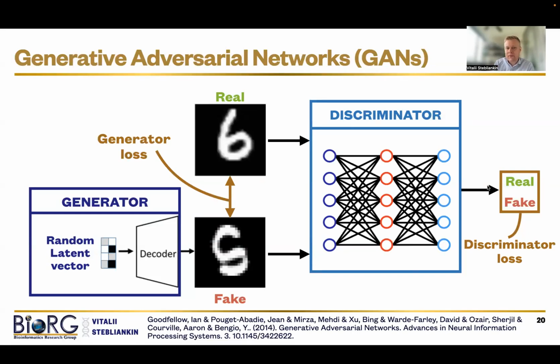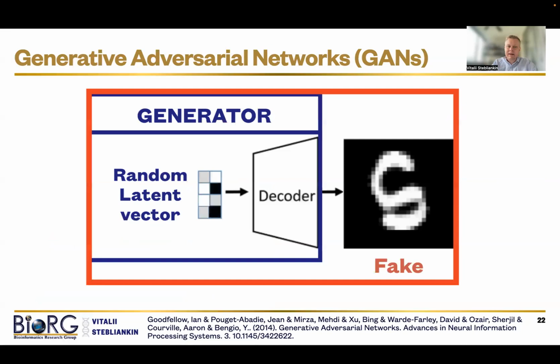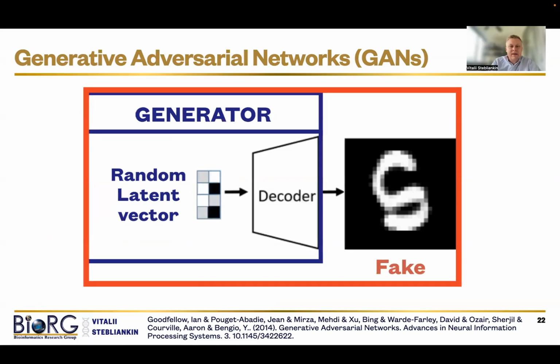The perfect generator will be at the point when the discriminator is not able to classify real versus fake anymore. Once we reach this point, we can just select the generator, forget about the discriminator, and just from the random latent vector, we will be able to create very nice images.